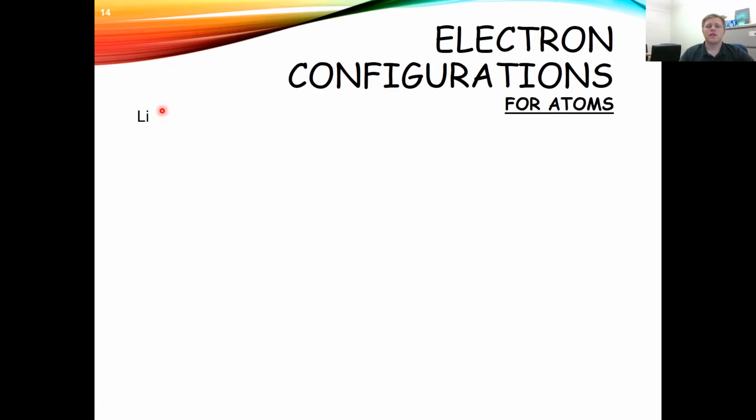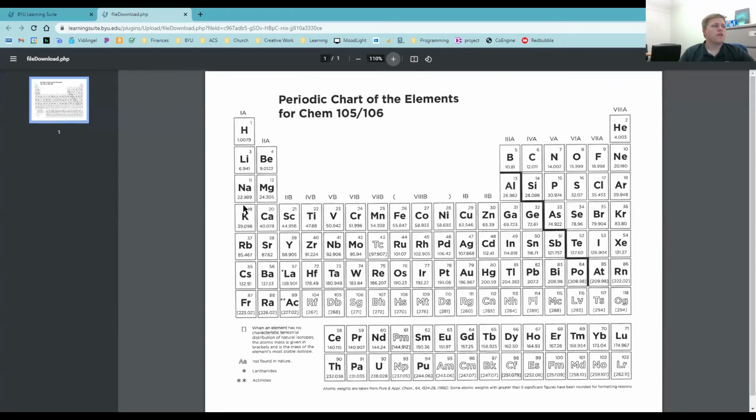We'll start with lithium. If we look at the periodic table, I'll jump over there real fast. Lithium is the third element on the periodic table, right? So it's got 3 electrons. If we think of the periodic table as a map where we have our S block, our P block over here, our D block in the middle, and our F block down here, then we can figure out real easy where the electrons are going.